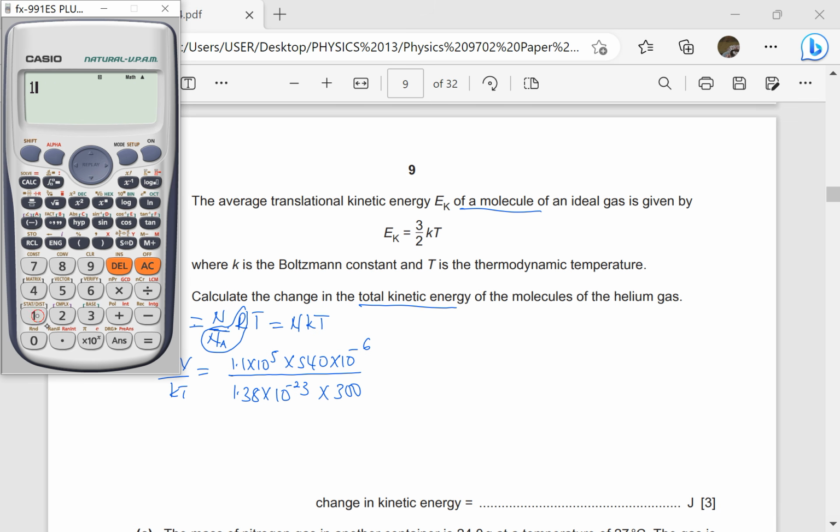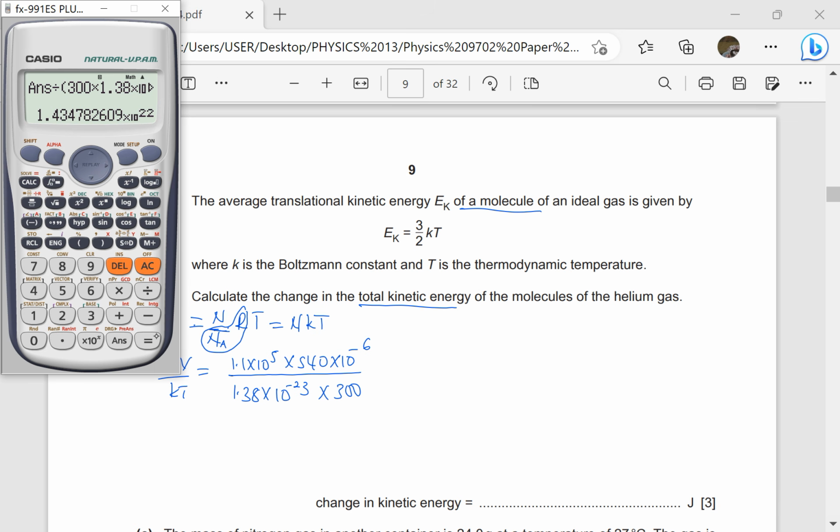So this is going to be 1.1 exponent 5 times 540 exponent negative 6, divided by 300 times 1.38 exponent negative 23. I'll write it to 4 significant figures.